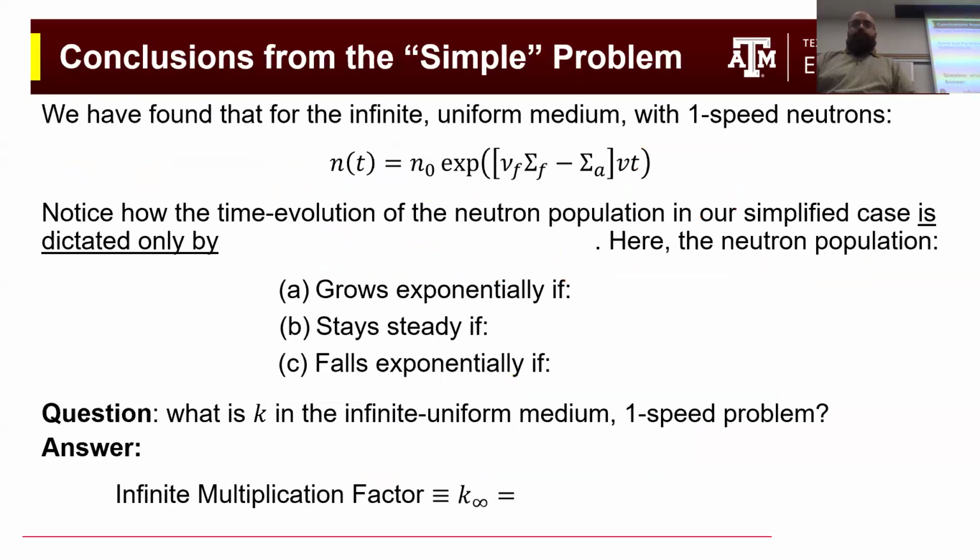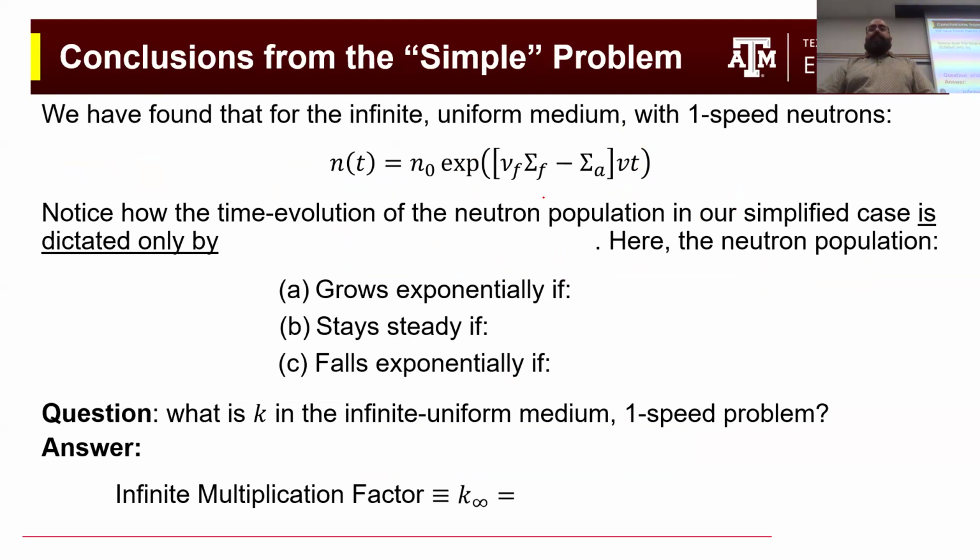So we just determined this. It shows that in this context, our neutron population can evolve exponentially. And if it's an exponential, then the behavior of that exponential is going to depend on the sign inside of that exponential.